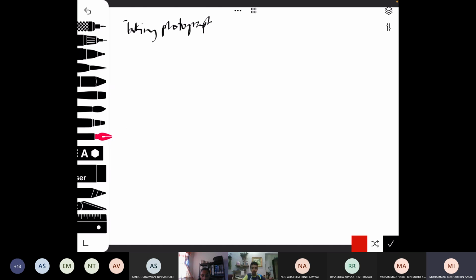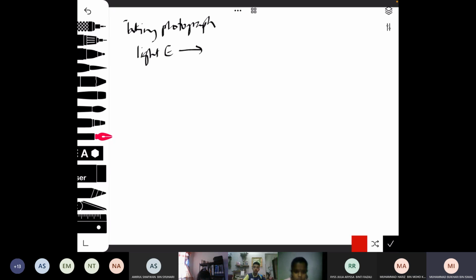When the camera takes a picture, there must be what kind of energy? Light energy, right? There must be light. If you want to take a picture, there must be light. Right? So first you must have light energy.